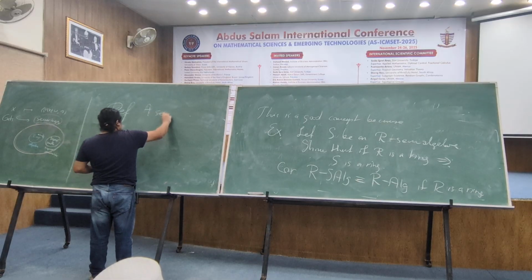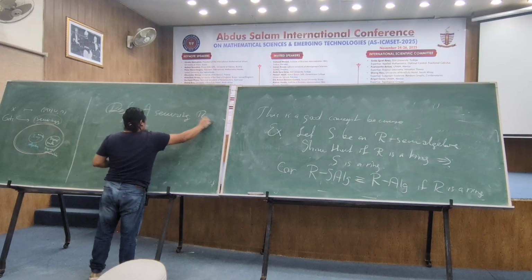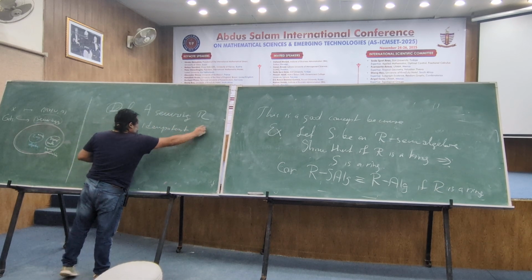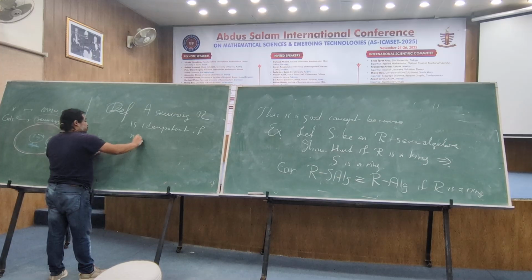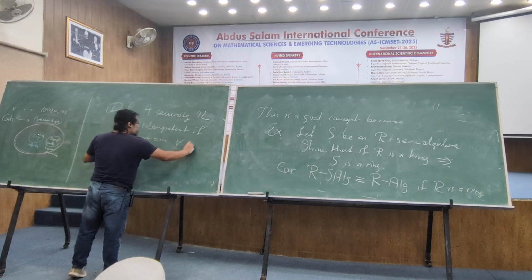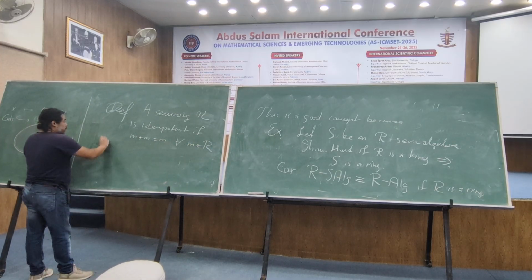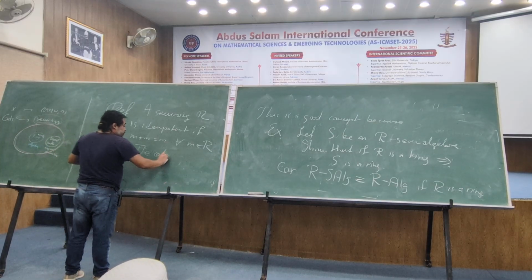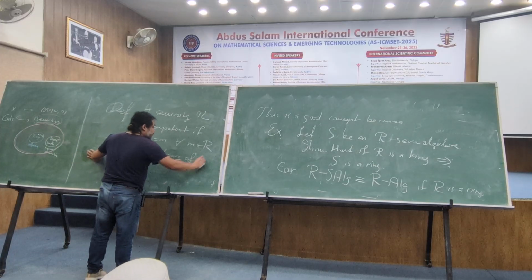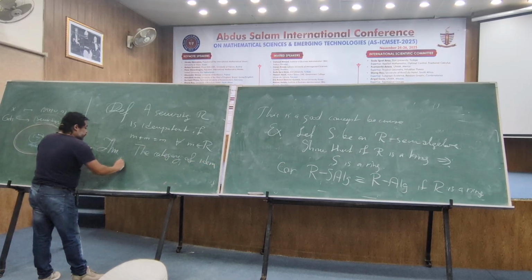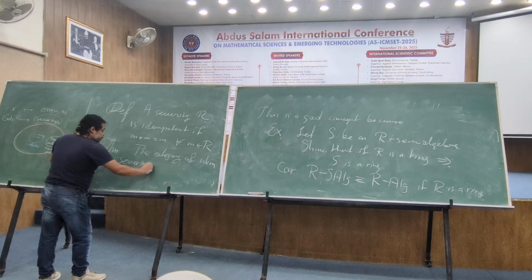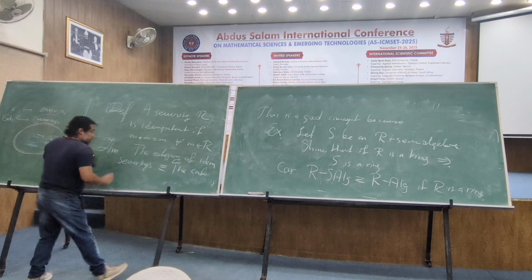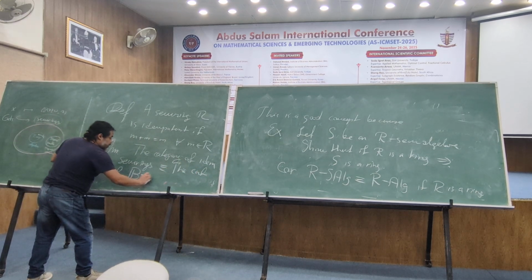A semi-ring R is idempotent if M plus M equals M for all M in R. Theorem: the category of idempotent semi-rings is the category of B algebras.